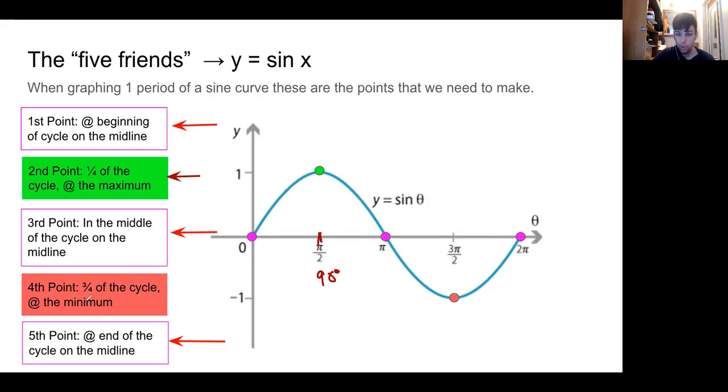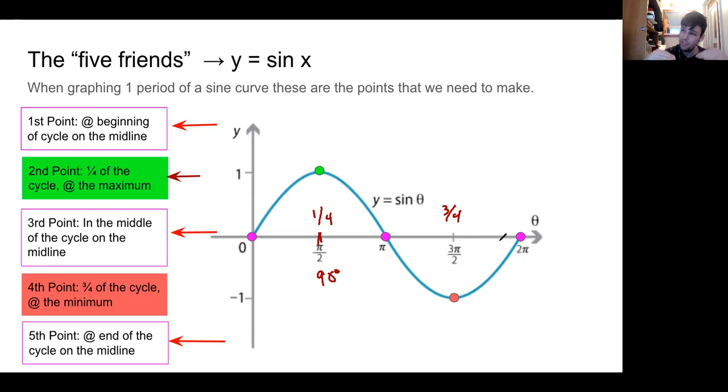And then at the 3/4 point, right, 1/4, 2/4 or half, 3/4. So this is 1/4. This is my 3/4. 3/4 of the way around the unit circle, or 3/4 of the way through our period or through our cycle. We get the minimum point. That's down here. And at -1, the default being -1, obviously that can change as well depending on our amplitude.